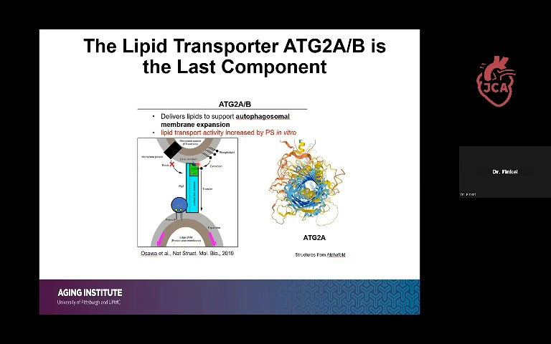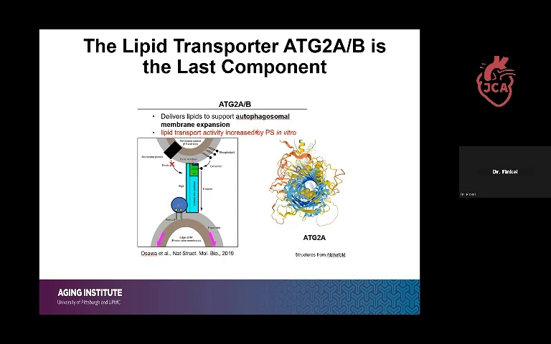And it does so by binding on one end to the endoplasmic reticulum, and on the other end to the pre-autophagosome. And it allows the delivery of lipids from the ER to the expanding pre-autophagosomal membrane. And this really is essential as a lipid transfer protein to generate the autophagosome in cells.